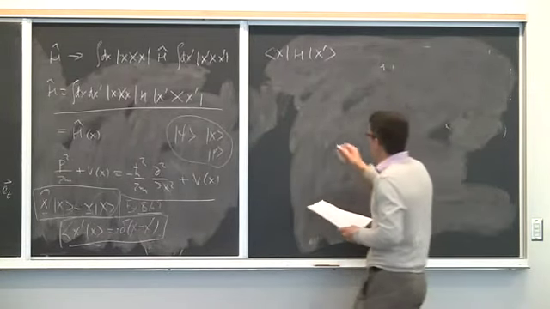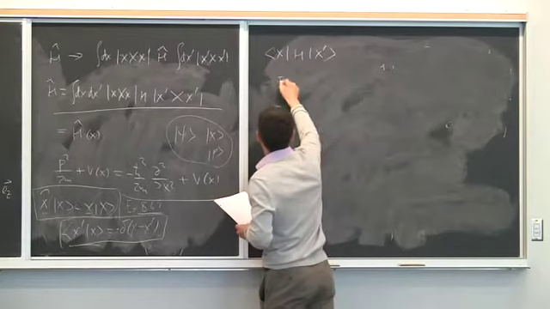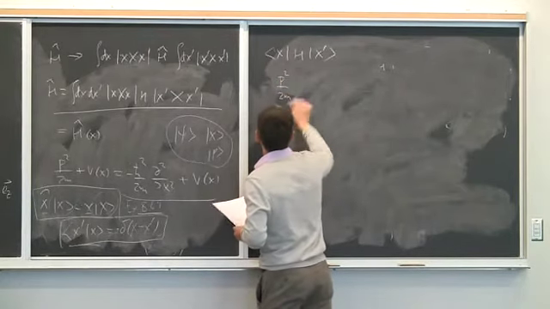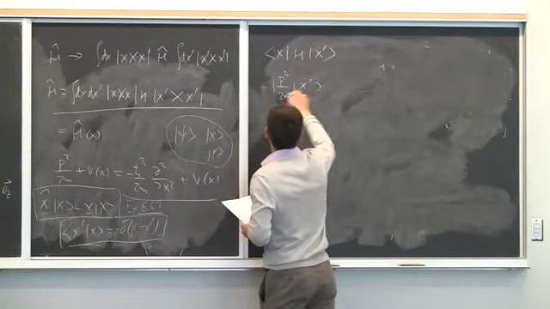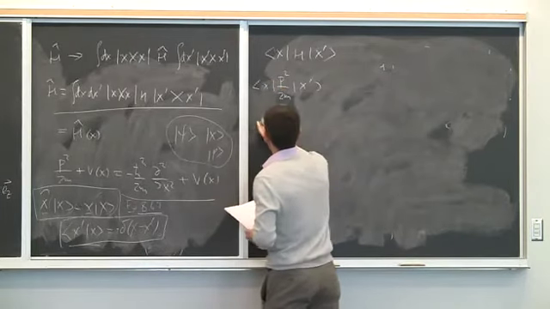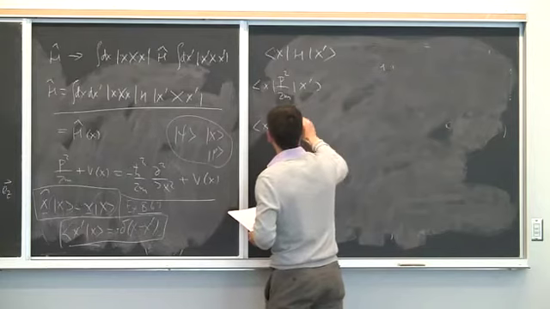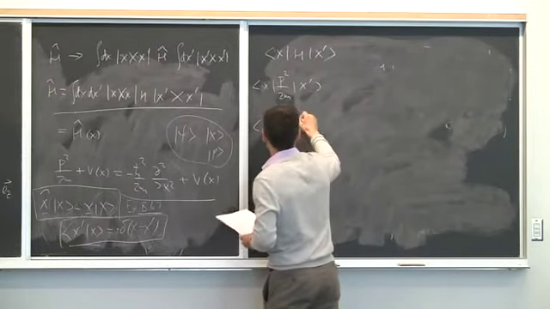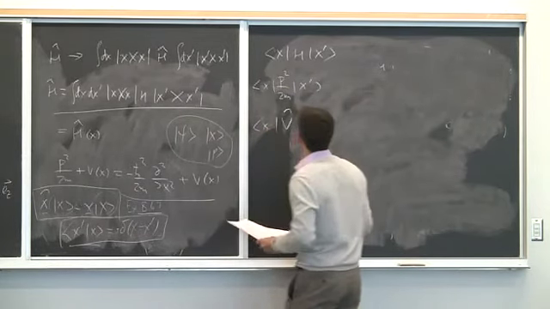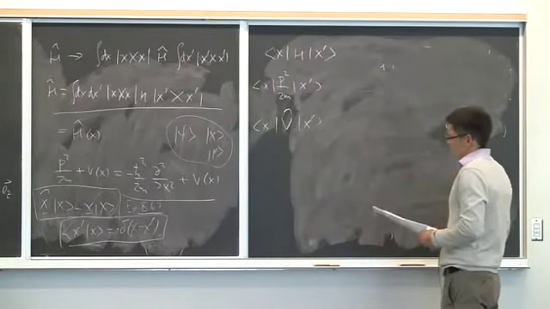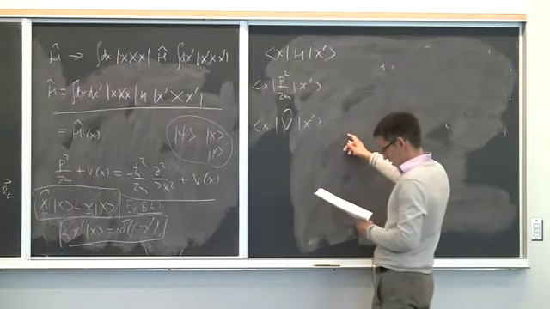The way we do it, we have the p term, p squared divided by 2m, and we also have the V term. V is an operator.